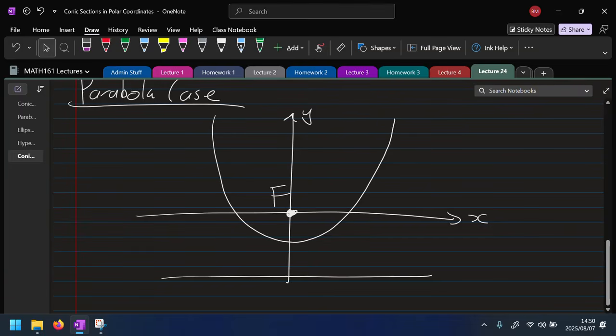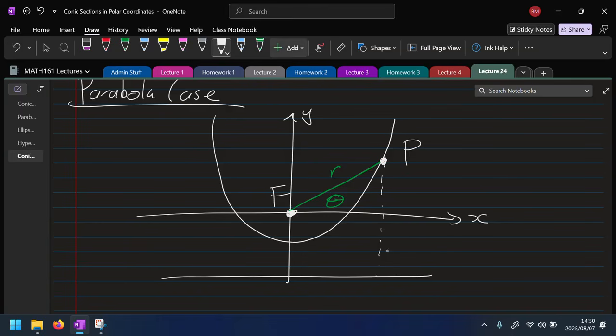So what we're going to do is introduce our polar coordinates to convert it from the Cartesian form that we did on Tuesday to now the polar form. We're going to have our radius r and the angle theta. And then this over here, that will be our point P, going down to our directrix line at the bottom there.